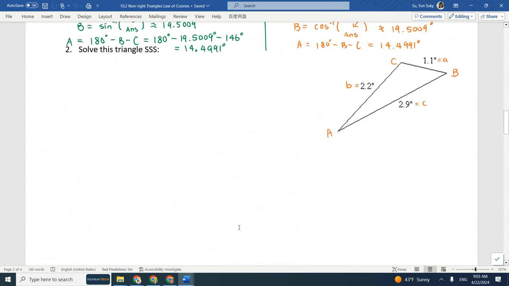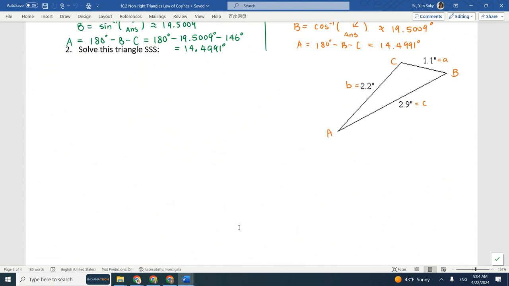Okay, so then this example, I asked you to work on this example, right? So now let's check our answers together. So we have all the 3 sides. We want to find the 3 angles.